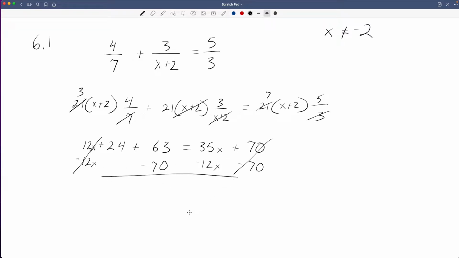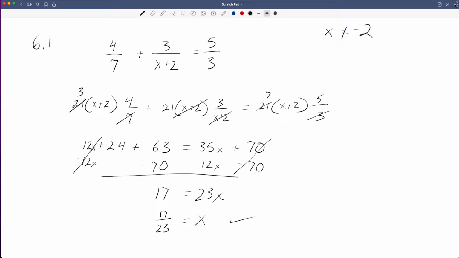That leaves me with 17 over here and 23x over here. All right, so now I can divide by 23, and I know that 17 over 23 is my value of x. And it does not equal -2, so therefore it works.